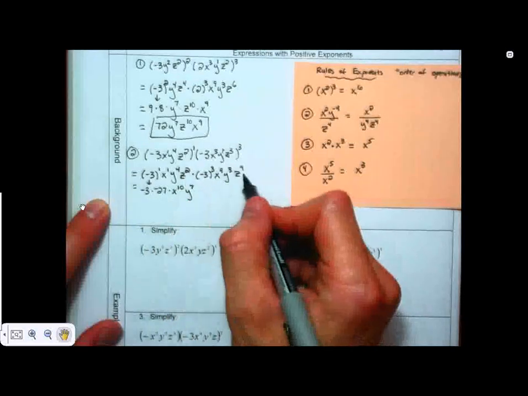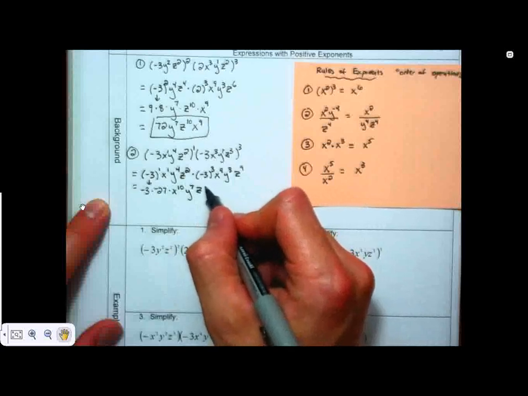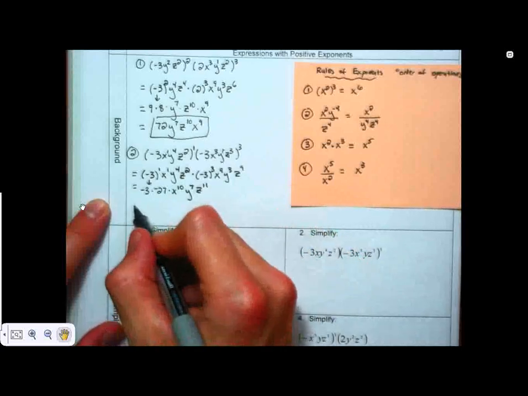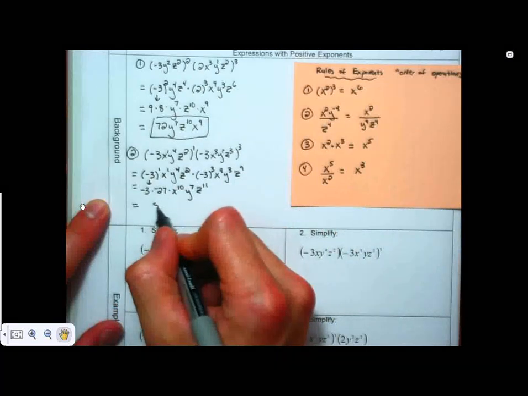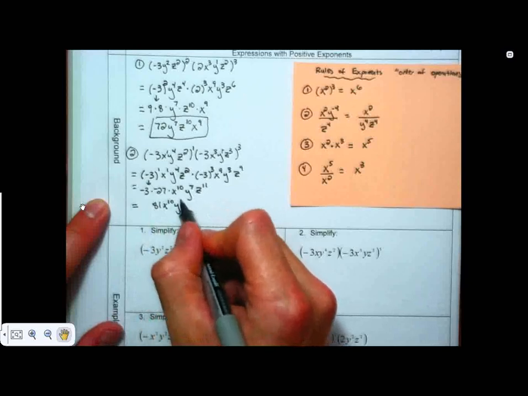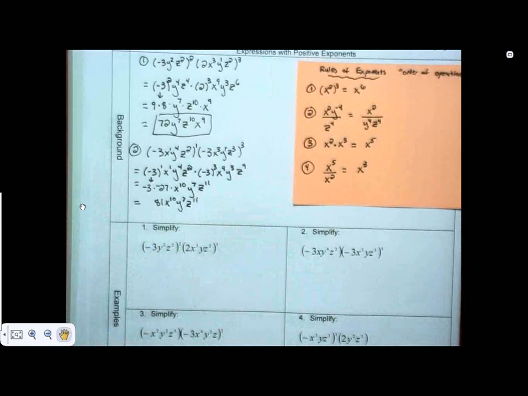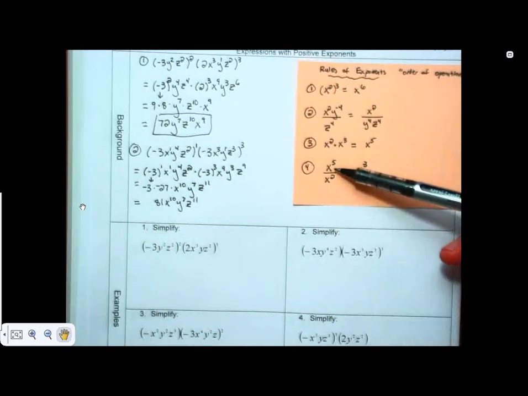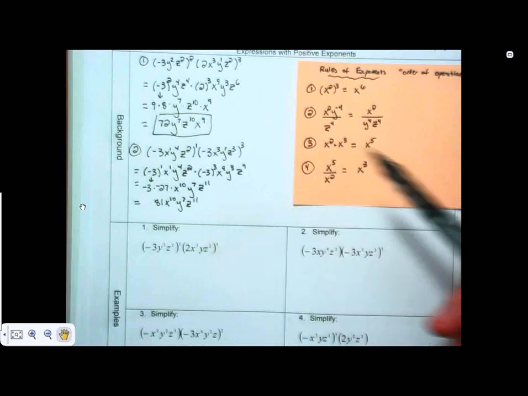Z squared times z to the 9th, adding those exponents gives me z to the 11th. So if I put together my numbers, -3 times -27 is +81. X to the 10th, y to the 7th, z to the 11th. And again, looking at step 4, I would use that if there were division and I were dividing like bases, but there is certainly no division in this problem.